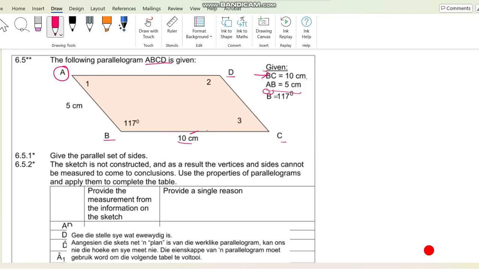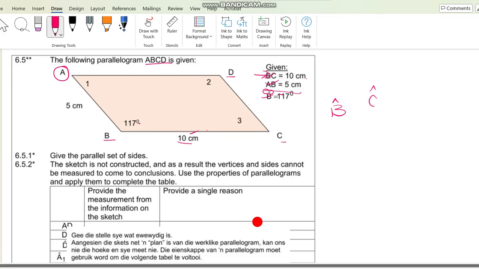B had a, what we call in Afrikaans, dakkie op. That means angle. Remember that. Whenever you see that sign above any letter, it's an angle. So B angle 117 degrees, that's there. So all of this information, check, check, check, it's all there.